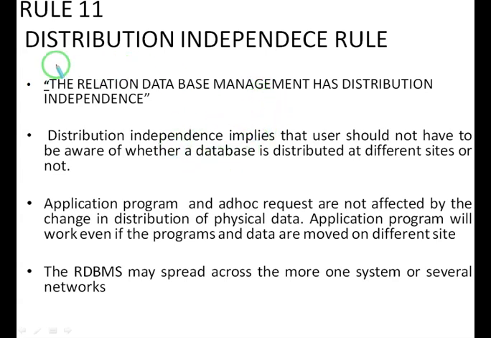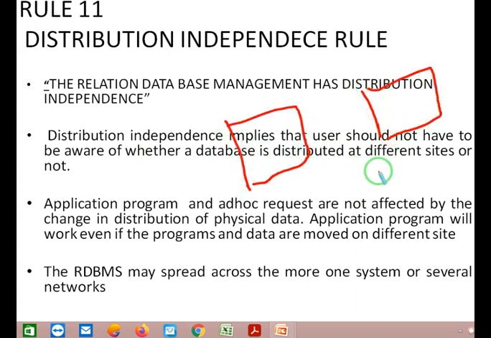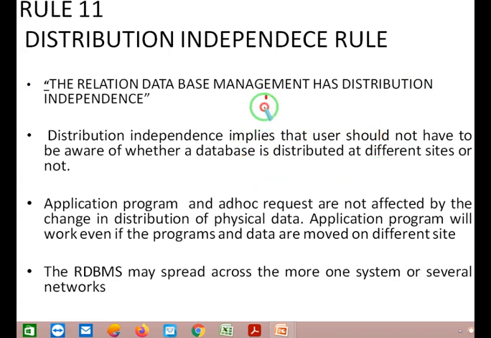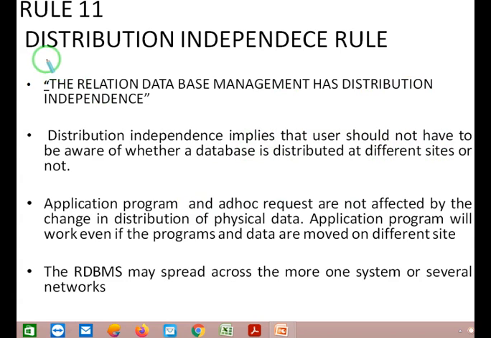So the distribution independence rule says that the user should not be aware whether the database is distributed at different sites or not. Our database is situated at different sites, but the user feels like the data is stored in one place only. So this is termed as the distribution independence rule.